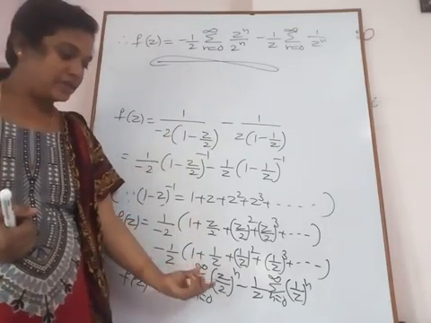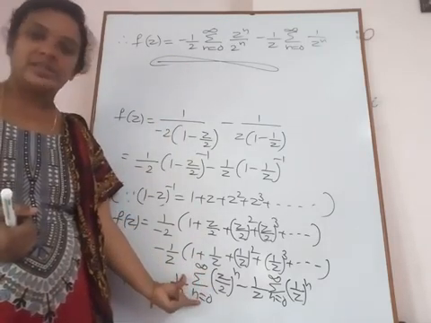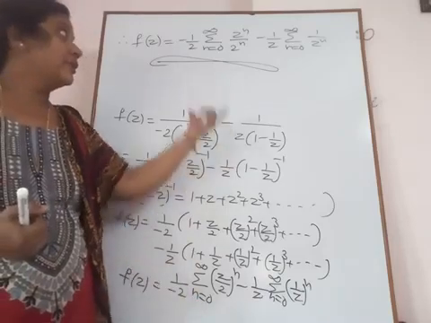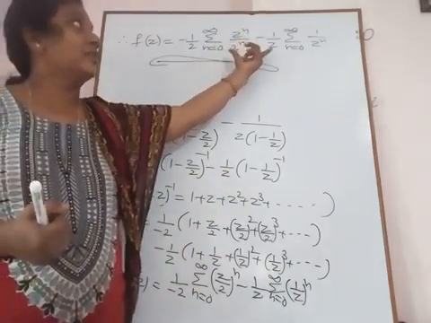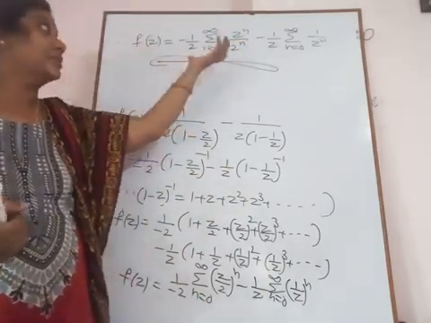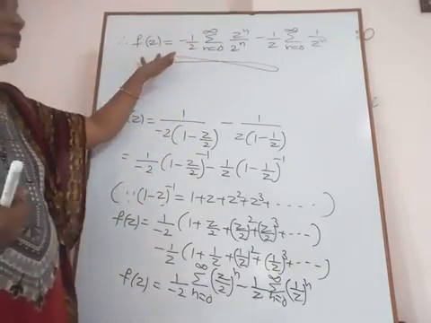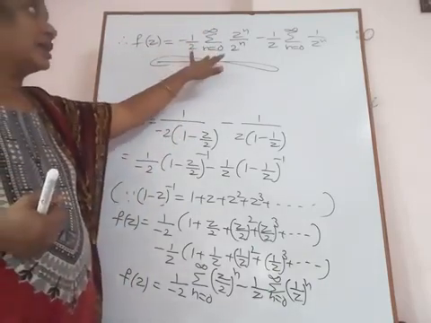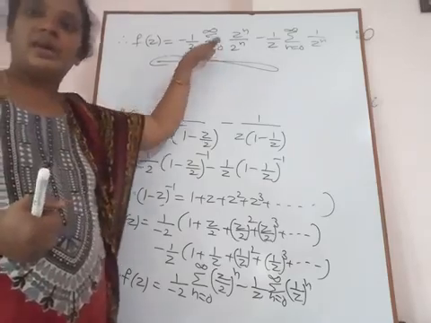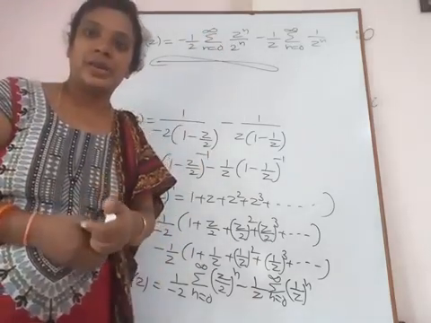After simplification and expansion of the series, we get the terms: the sum of two terms or three terms. In that, the function f of z can be expressed in summation form, so it is a Laurent series. Okay, thank you.